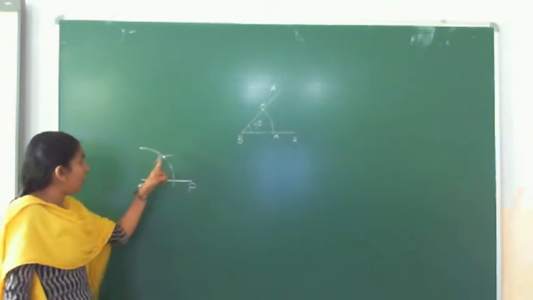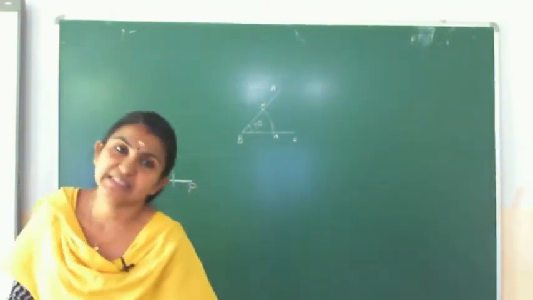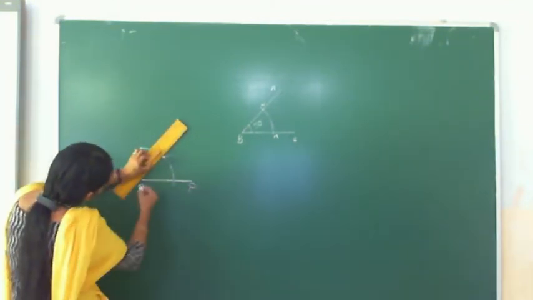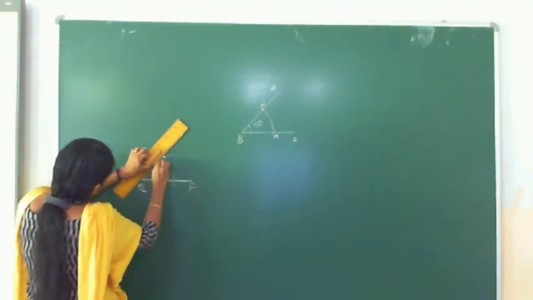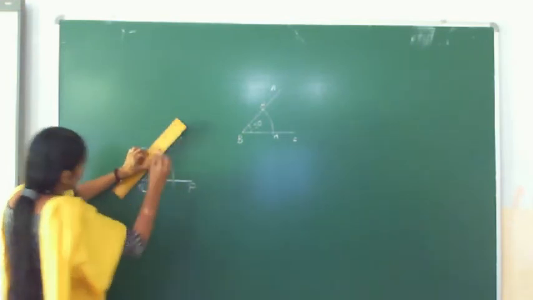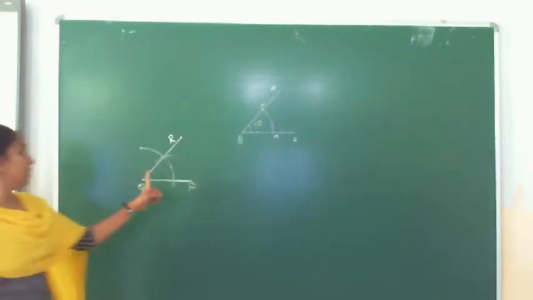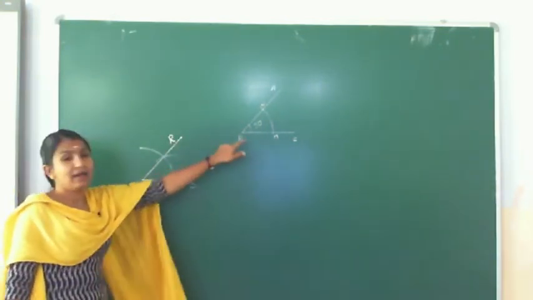Now take your scale and join this Q with this point. Now I am going to mark it as R. This is the copy of this angle.